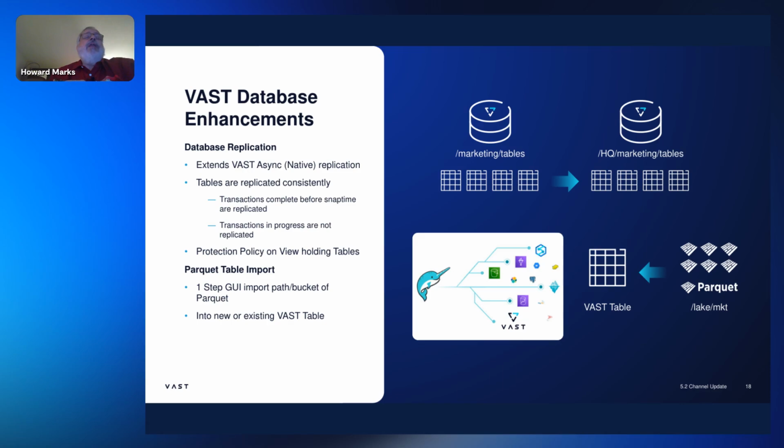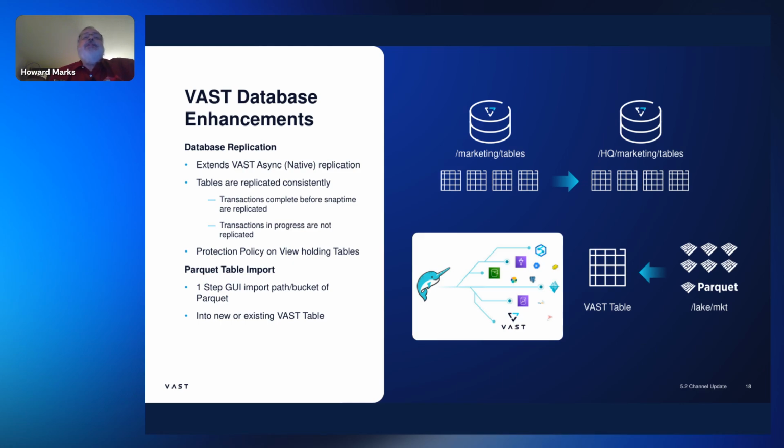If you replicate a view that contains VAST tables, any transactions that were complete against those tables at the time of the replication will be replicated, and they'll be reflected in the copy at the target location.